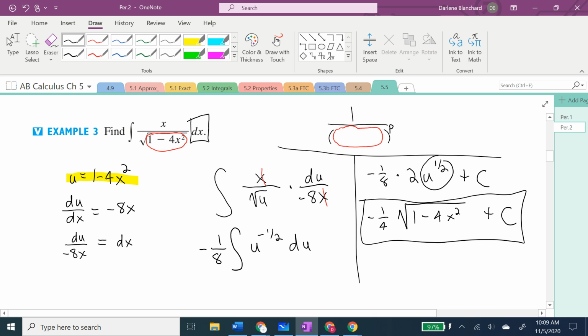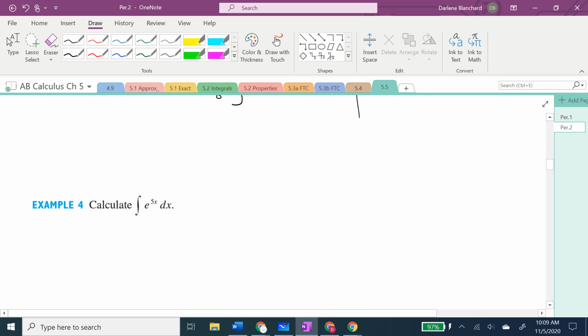All right. Sometimes the u substitution is very subtle, and people will look at this and sometimes miss that a u substitution is needed.